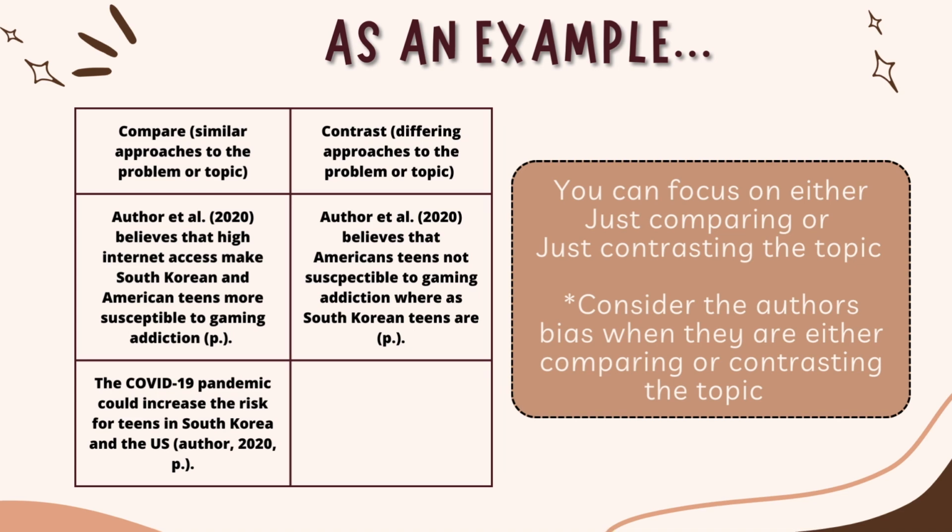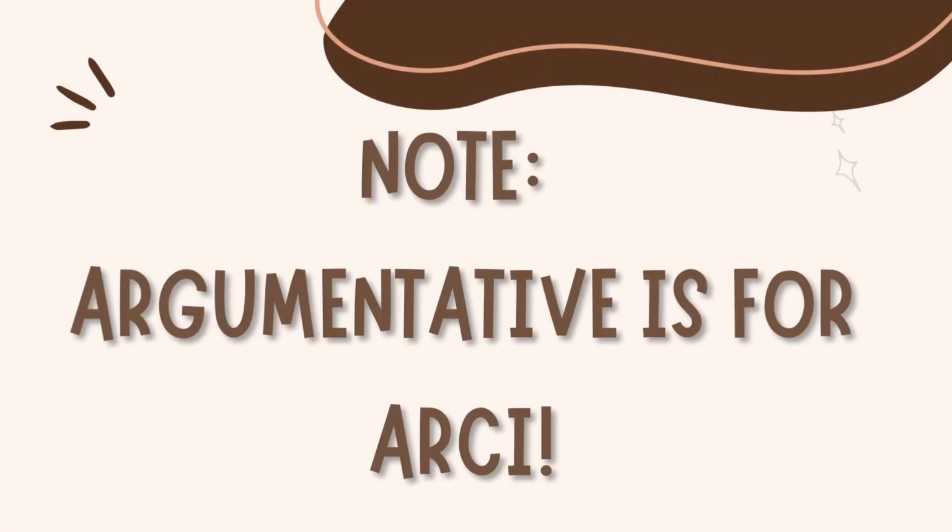Consider the author's bias when they are either comparing or contrasting the topic. For instance, you could look at where the author is based. If the author is based in America, of course, their bias might show if they're discussing South Korean teens and gaming addiction compared to American teens and gaming addiction.